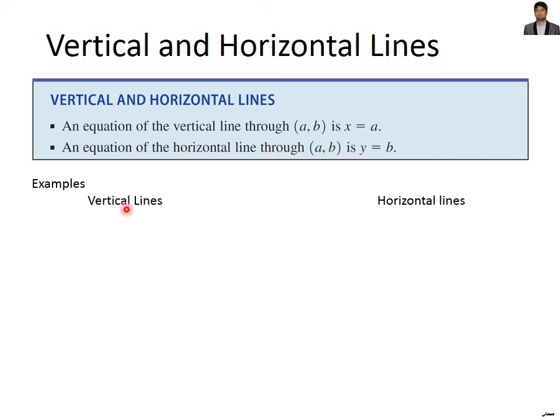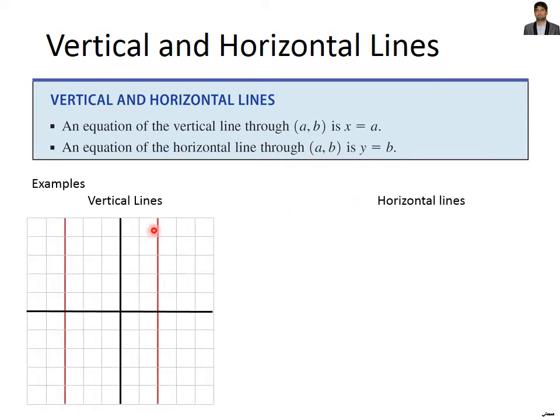Examples: vertical lines and horizontal lines. Vertical lines means a line which is parallel to the y-axis. So, if a line is passing through this point, then the equation of this line is x is equal to 3, and this line, x is equal to minus 3. And this equation is x is equal to 2.